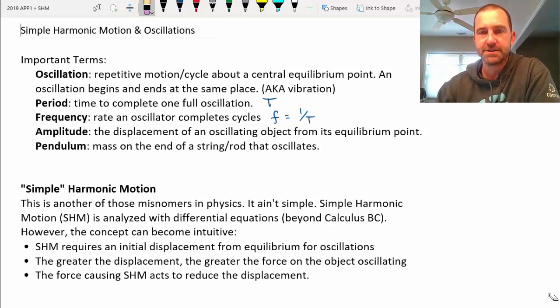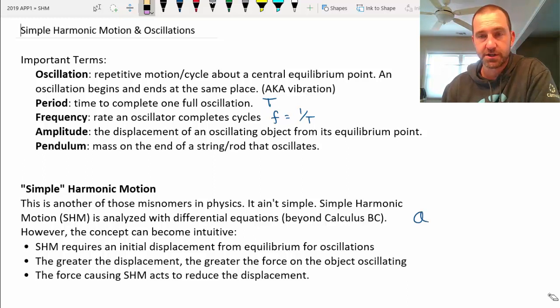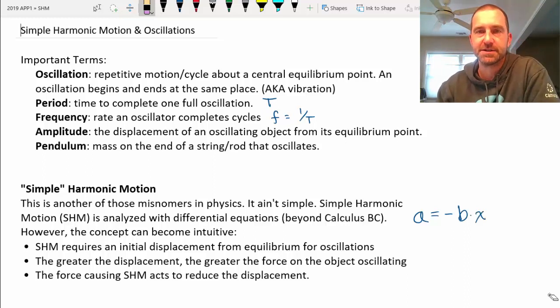So those three ideas together, and like I said, we're not going to do the equation stuff today, yield the fundamental idea for simple harmonic motion: the acceleration that an oscillator experiences is going to be equal to negative, and I'm going to use a constant here, I'll go ahead and use B, negative constant times x, where x is the displacement.